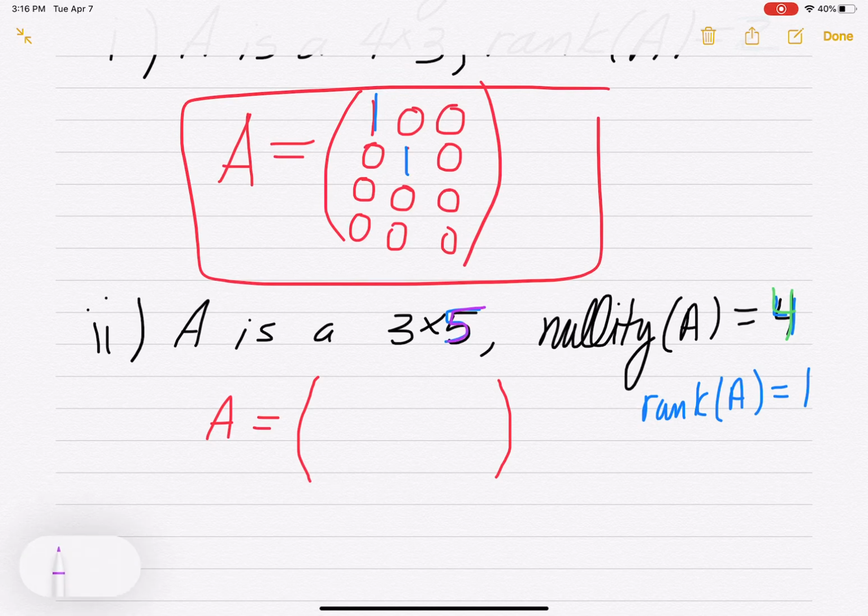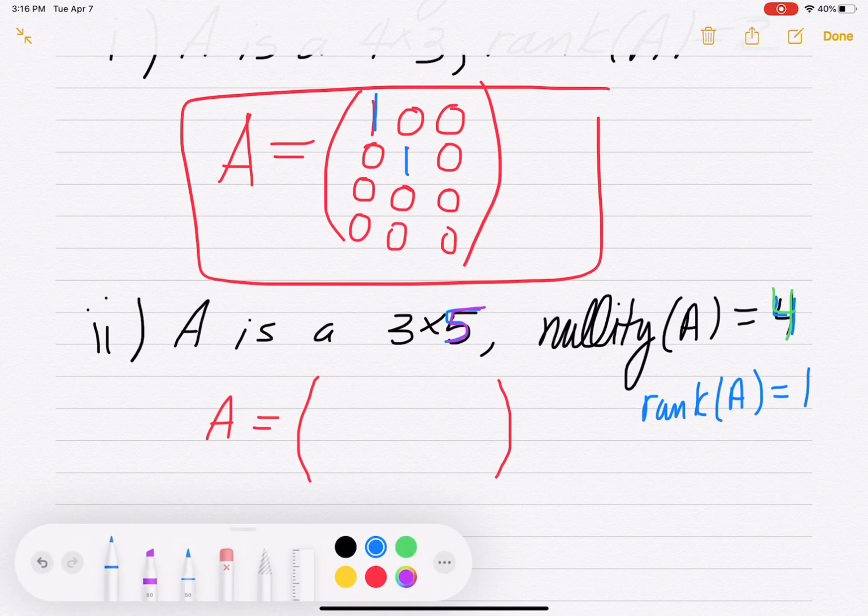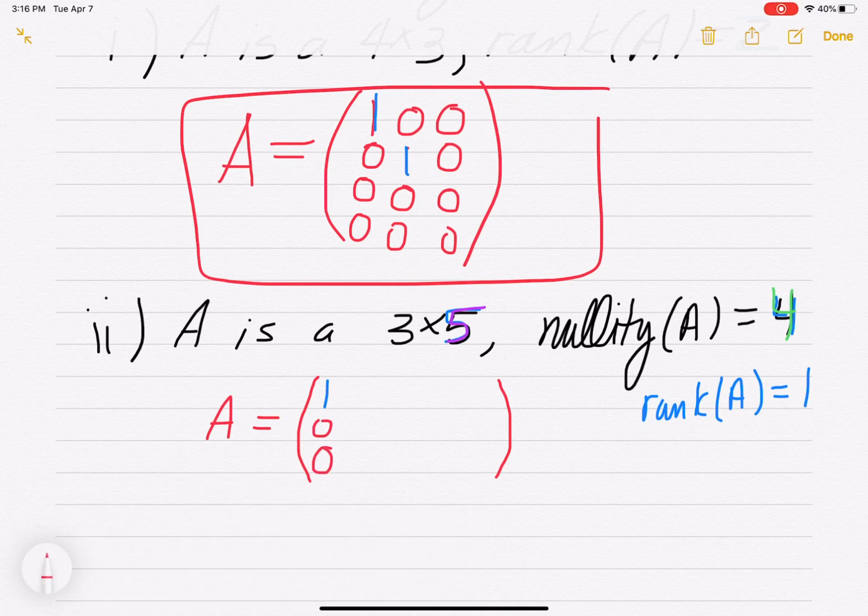So we're just looking for a 1 pivot column situation, right? 1, 0, 0. We need 3 entries going down because it's a 3 by 5. And then you just have to come up with 4 non-pivot columns: 1, 2, 3, 1, 2, 3, 1, 2, 3, 1, 2, 3. Here are our 4 non-pivot columns. Now, we didn't have to put zeros up there at the top.